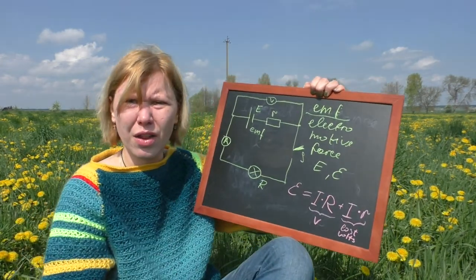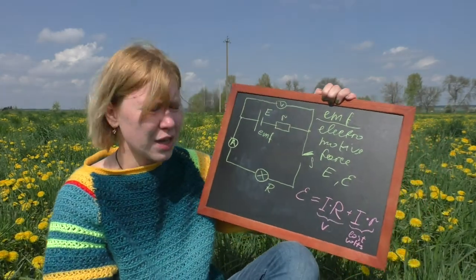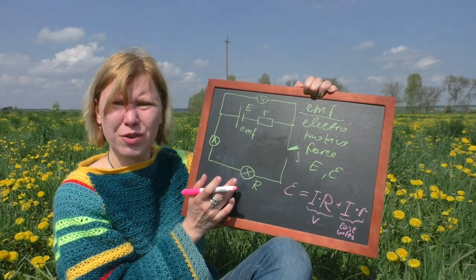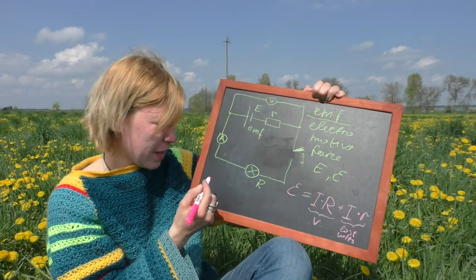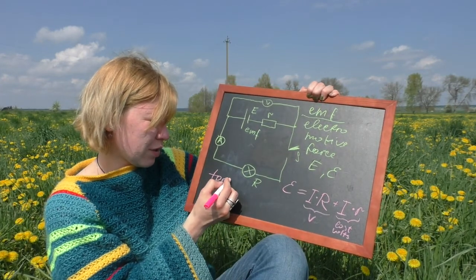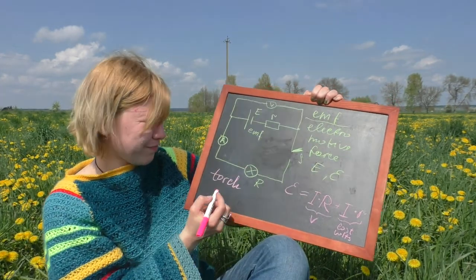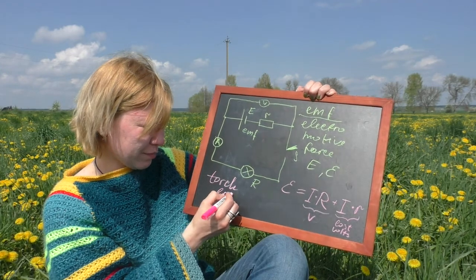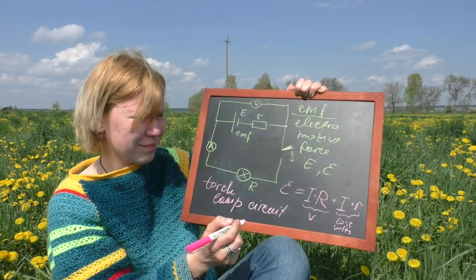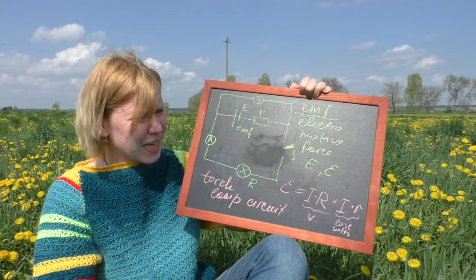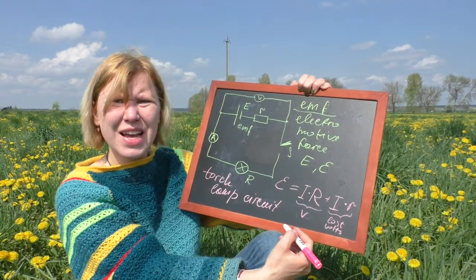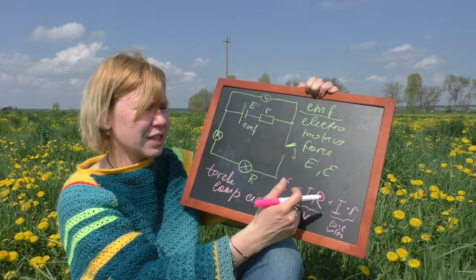They are lost because they do not really go to make the torch light, for example. And I will just write that it's a torch lamp circuit. That's it. So you can see that here volts are just summarized.